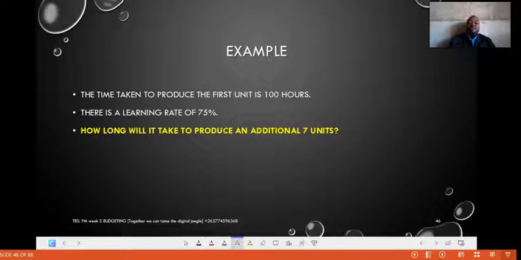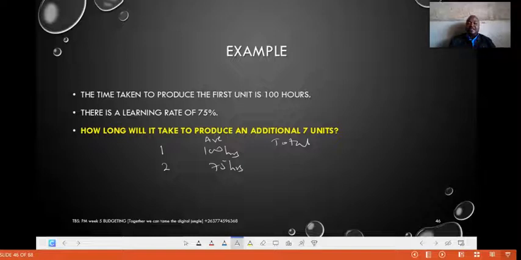Okay, so we are simply saying the production of one unit took 100 hours. Let us call this one the average and the total here. The production of 2 units on average took 75 hours, because we are multiplying it by the 75%.